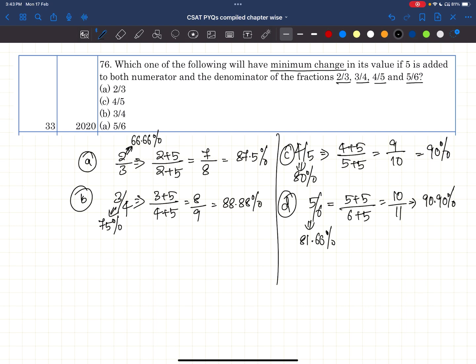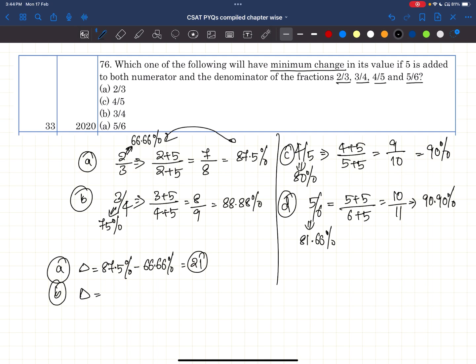Minimum change. Right? Now, we have to find the change between these values. See, for option A, the change is 87.5 minus 66.66, right? Somewhere around 21, nearly.